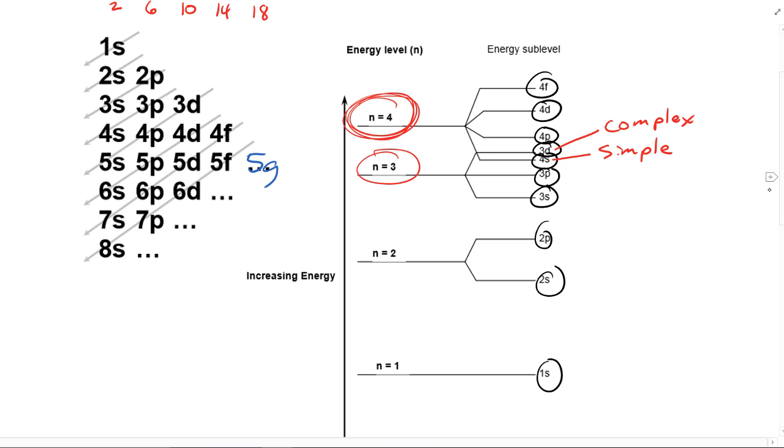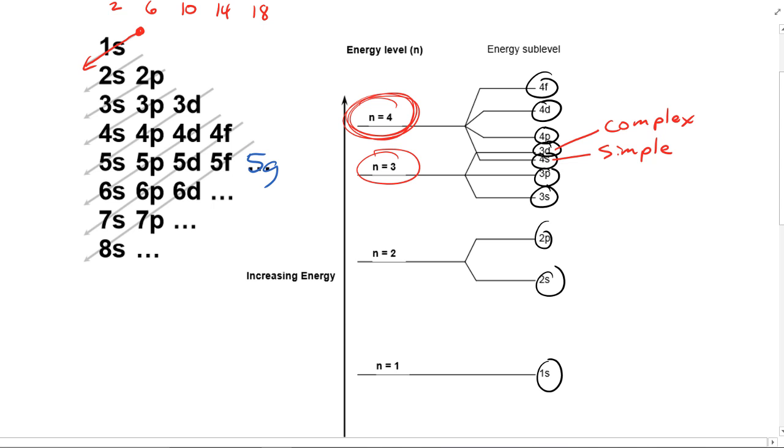Well, now after the 4s, things get to be even more complex. And if you ever want to know the order of filling, you do it like this. Here's a little mnemonic, which is a memory aid. What these arrows represent is the order in which those sublevels are filled. We start here.